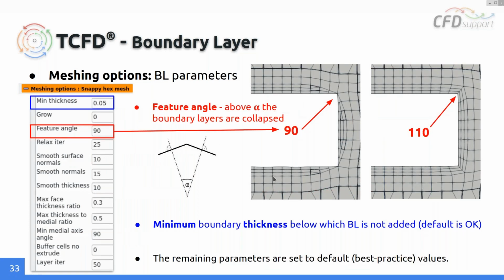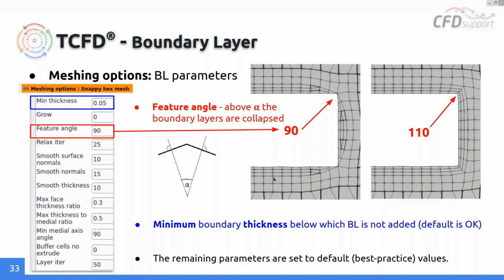Another important parameter for adding boundary layers, except the others which are, let's say, super advanced and don't bring much benefit in the adding layers phase, is the feature angle, which tells you above which angle the boundary layer should collapse, because SnappyHexMesh always prefers mesh quality over 100% of boundary layer added.